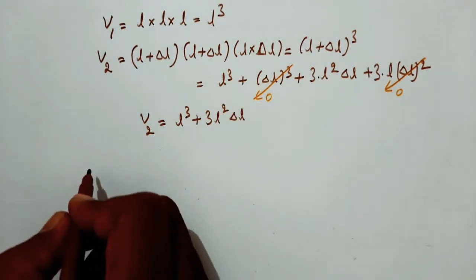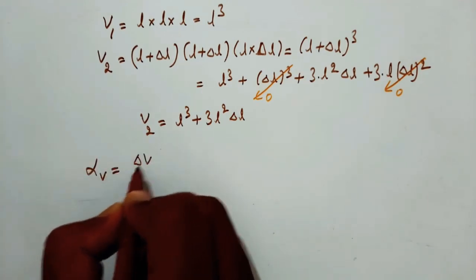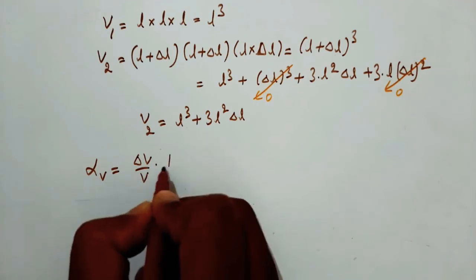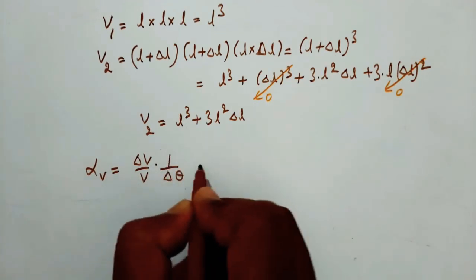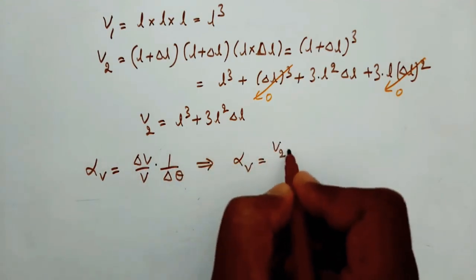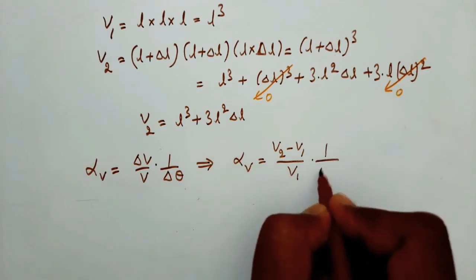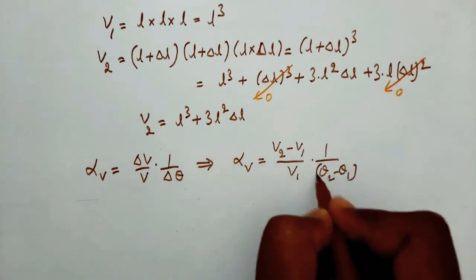We know coefficient of volume expansion alpha V is equal to del V by V into 1 by del theta. So alpha V is equal to V2 minus V1 by V1 into 1 by theta 2 minus theta 1.